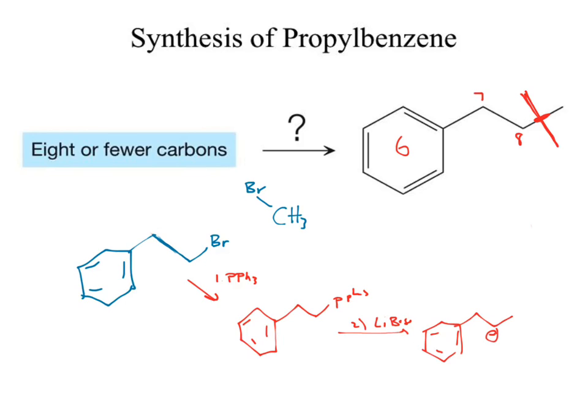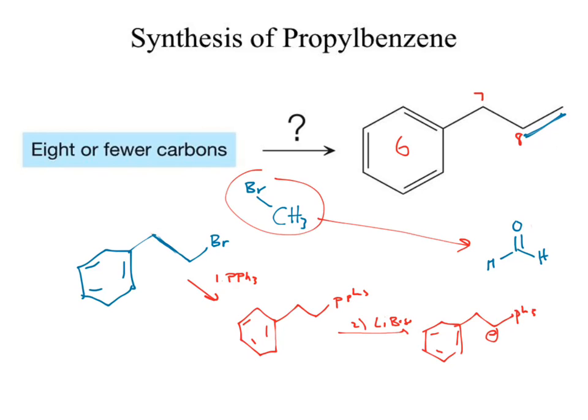That gets me my negative carbon, but then that would have to attack a carbonyl, and I was drawing an alkyl halide, so maybe let's change that instead to a carbonyl. Well, that would add that extra carbon, but that would then mean I have a double bond out there, right? Well, I don't want a double bond.